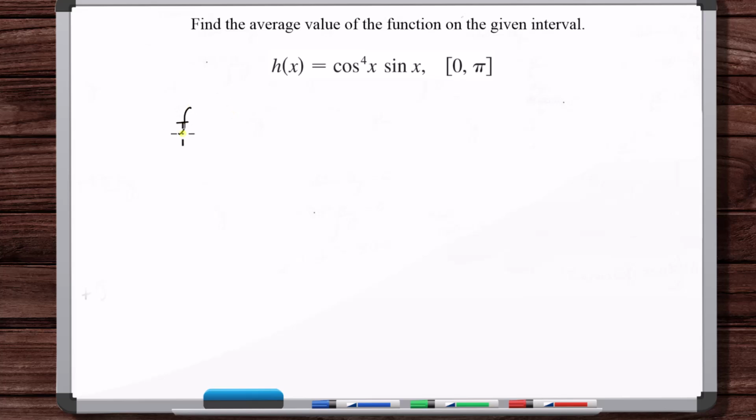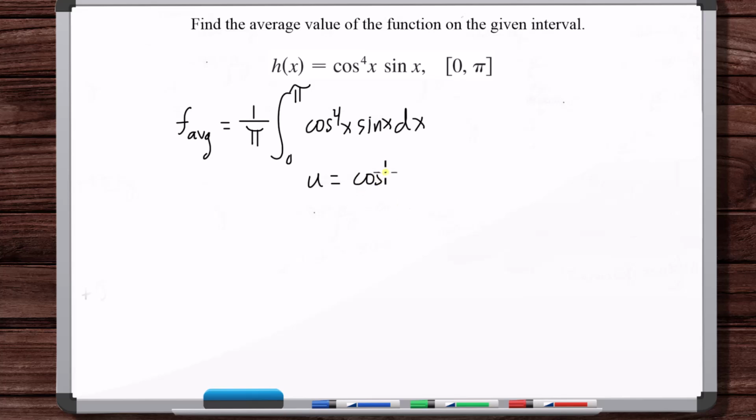Okay, so f average, 1 over b minus a is 1 over pi, and then we're integrating from 0 to pi cosine to the fourth of x sine of x dx. So if we say u is equal to cosine of x, then du is equal to minus sine of x dx.